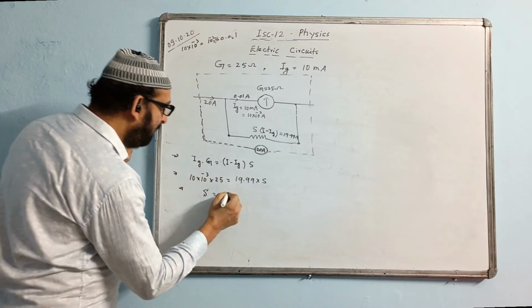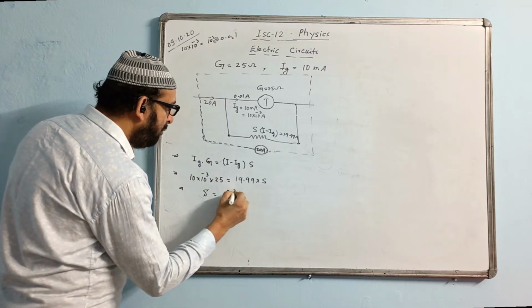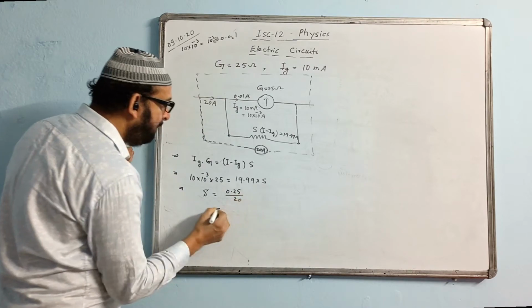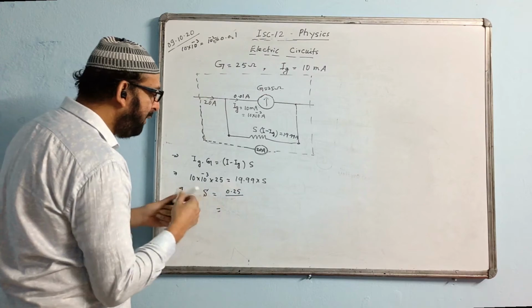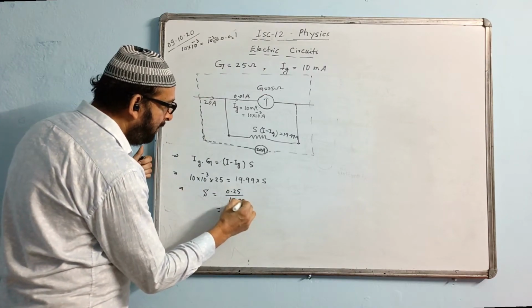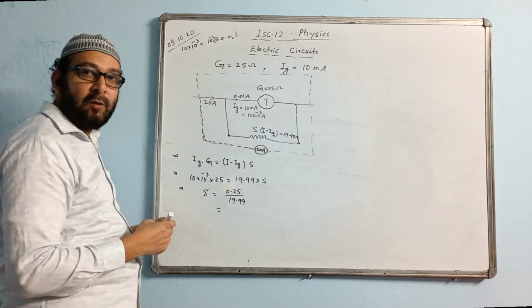So the value of S will come 25 into 0.01, which is 0.25 upon 20. I will take this as 20 nearly, or you can write 19.99 only. Now divide using a calculator and check how much the answer comes.